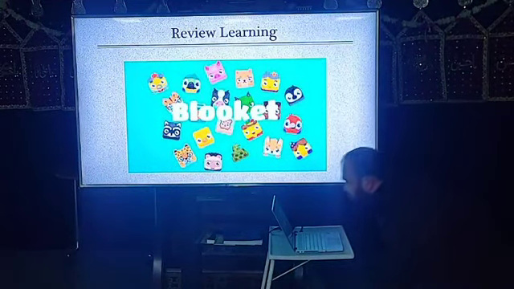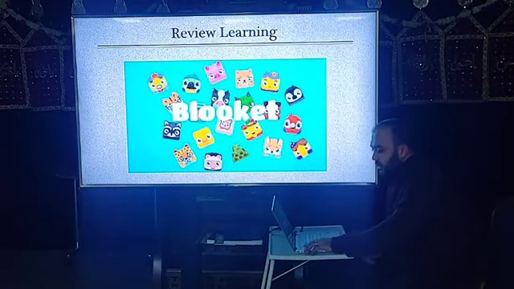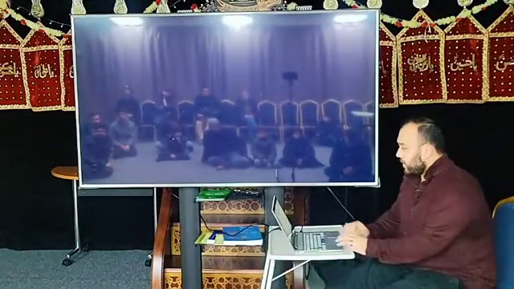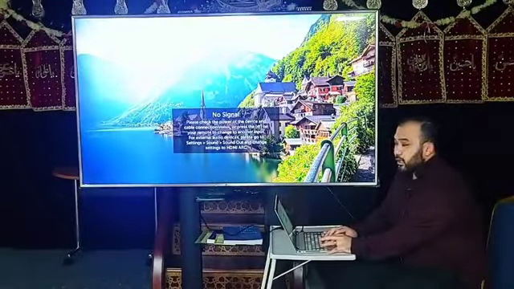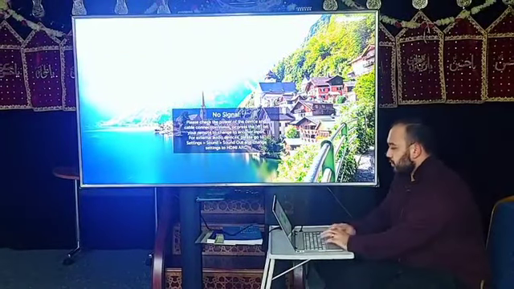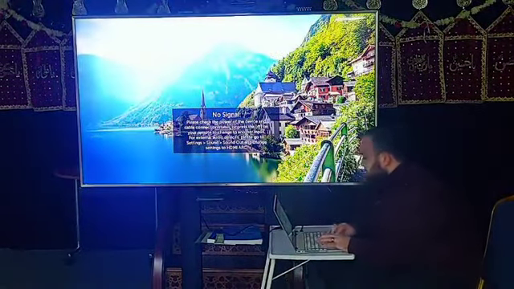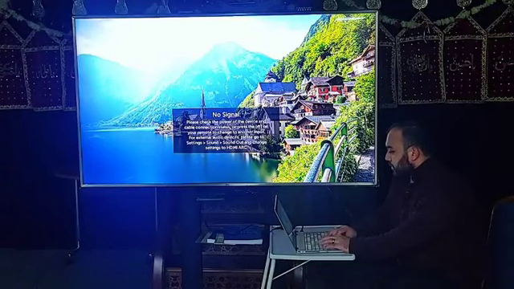So you can go to Blooket. If you don't have internet, you can go into the Wi-Fi and connect to Qaim student Wi-Fi with a password with a capital P, 2023. While I'll try to log into Blooket.